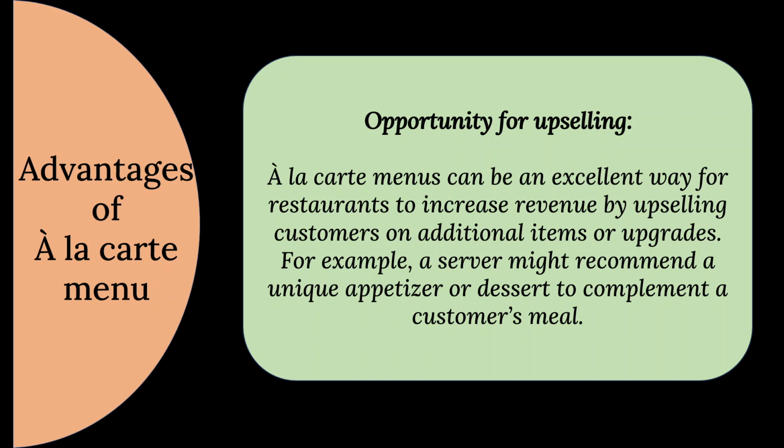So, for example, a server might recommend a unique appetizer, as I have mentioned, or a dessert to complement the customer's meal. In the beginning, you may have thought that you will have only a main dish, and then leave. And at the verge of main dish completion, the server may recommend that we have a special dessert.